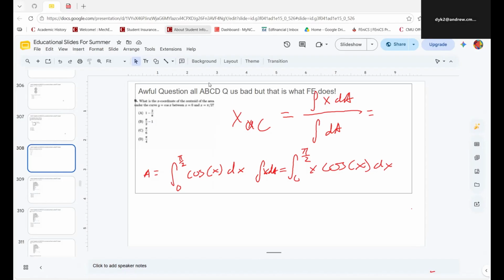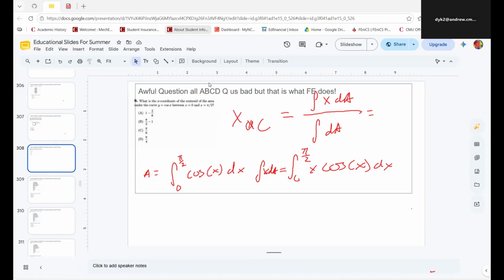Huh. For some reason it's not giving me the right answer. I am confused why it's not working. It should be working, but I'm getting none of the answers. I can do it by hand, but I don't really want to. I'm trying to make my calculator do it.